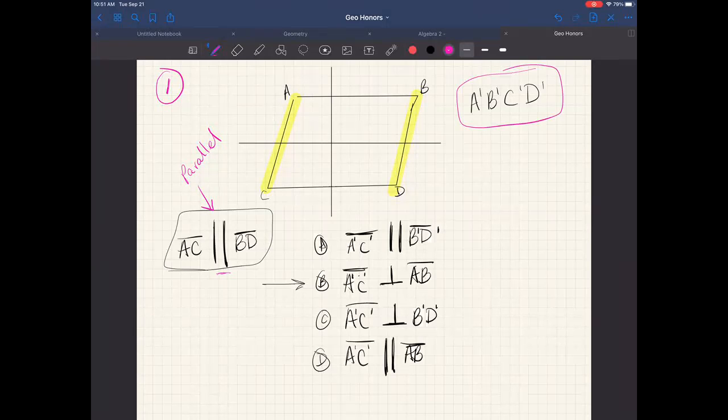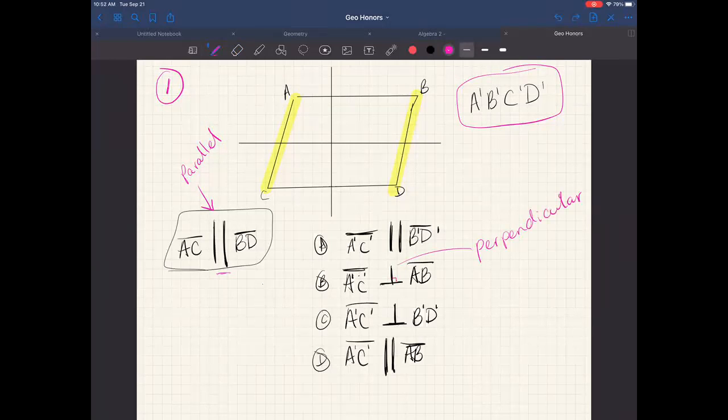So the statement is segment A prime, C prime is parallel to segment B prime, D prime. Segment A prime, C prime is perpendicular. So this is the symbol for perpendicular. That's perpendicular. Okay. So you can kind of see when we talked about perpendiculars, remember they make the right angle.